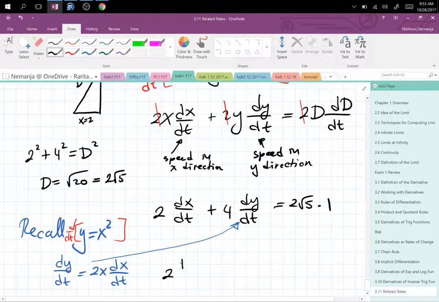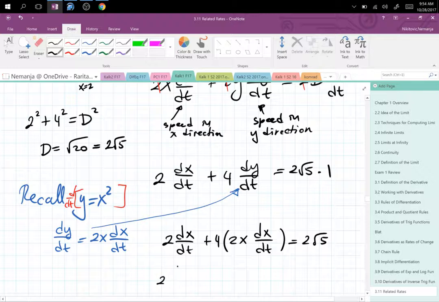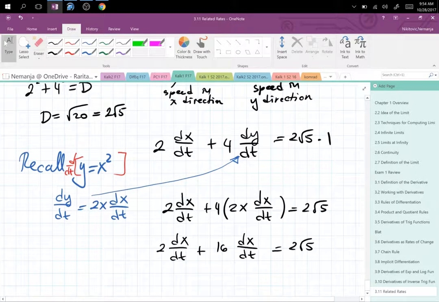So now you have 2 dx dt plus 4 times 2x dx dt equals 2 root 5. 2 dx dt plus, now we know that x is 2, so all of this is 16 dx dt's. Oh, actually I can cancel a 2, so that's much easier.